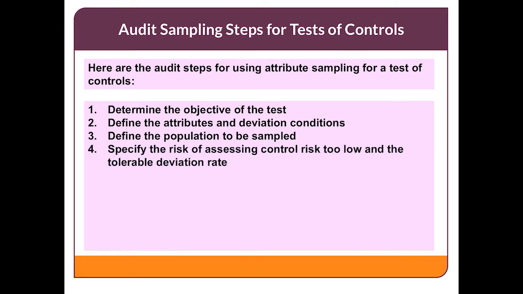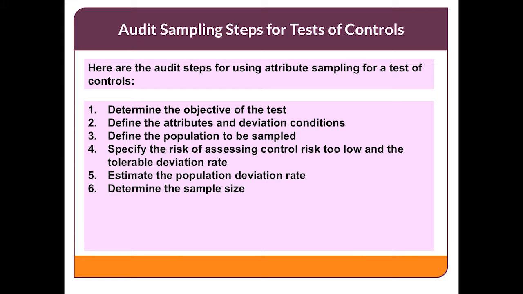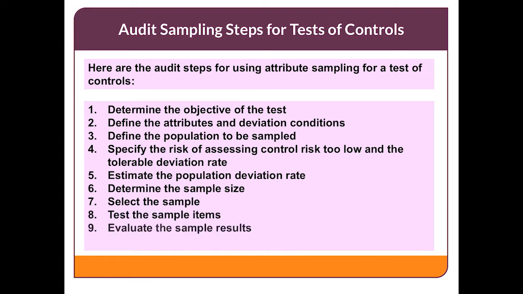Specify the risk of assessing control risk too low and the tolerable deviation rate. 5. Estimate the population deviation rate. 6. Determine the sample size. 7. Select the sample. 8. Test the sample results. 9. Evaluate the sample results. And then 10. Document the entire sampling procedure.